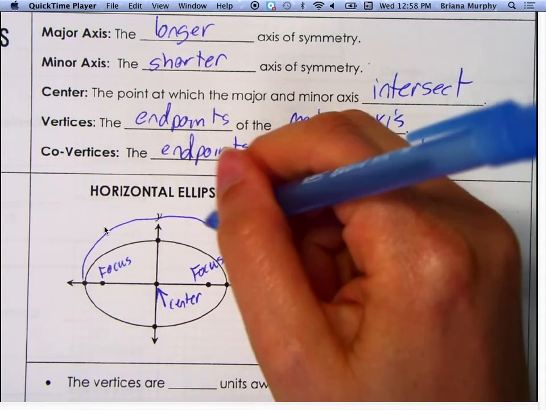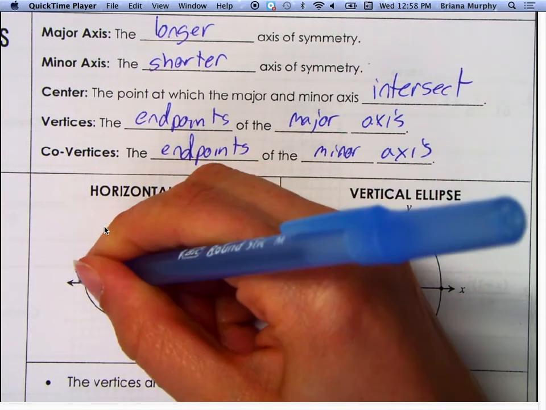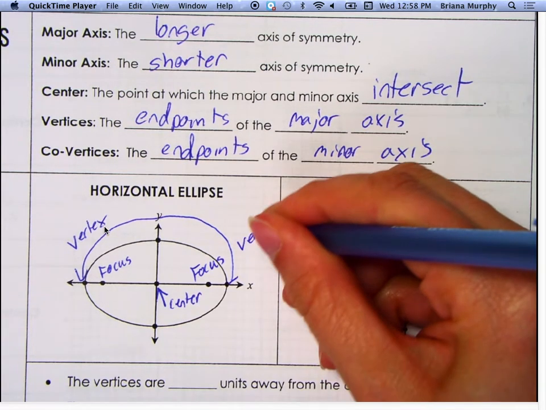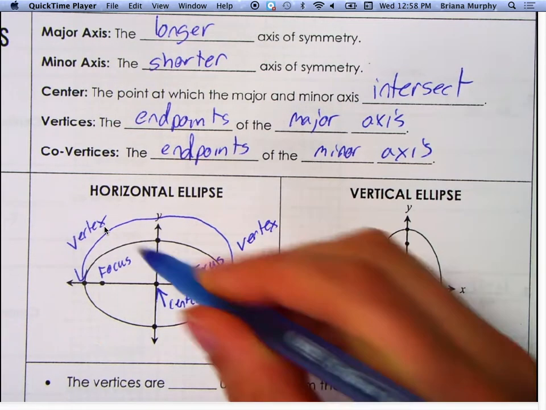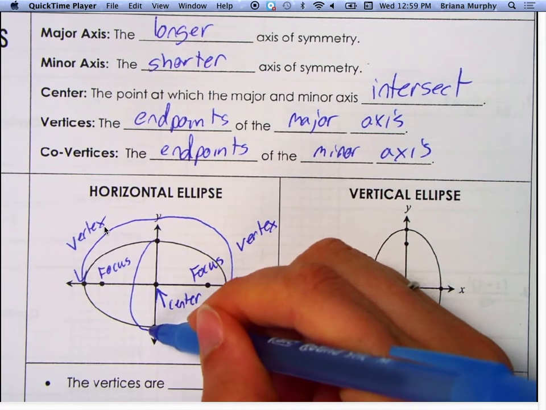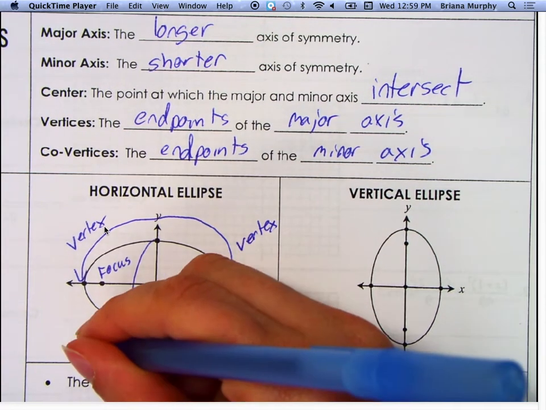These are vertices, or each one is a vertex, because they are on the major axis. And these points right here are my co-vertices.